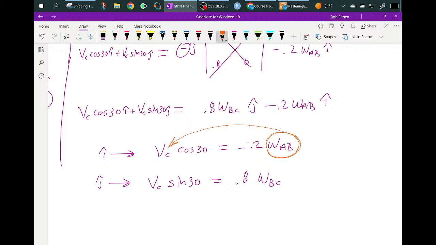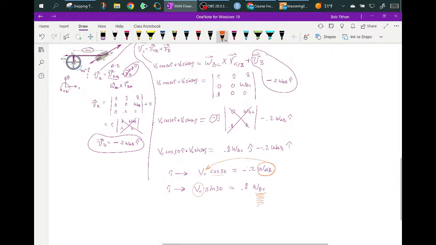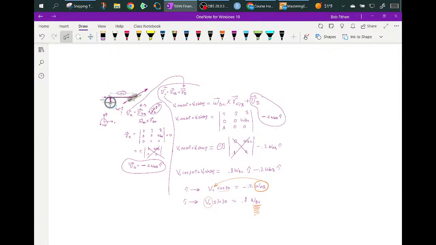Whatever your solution is, which just happens to be taking the cosine and slipping it under on the right side, you put that in here, and you can find the omega BC out of that. And so we'll go ahead and draw this to a close and say we're done.